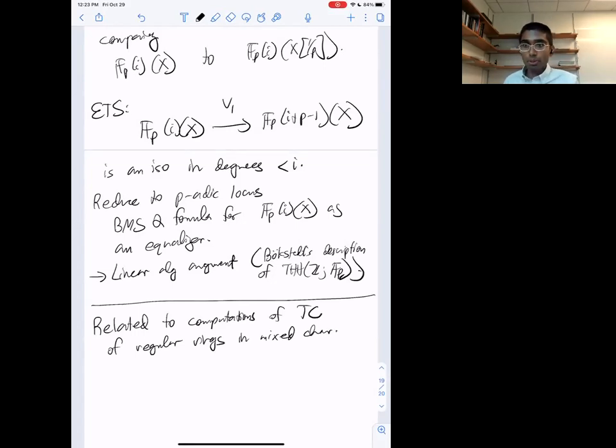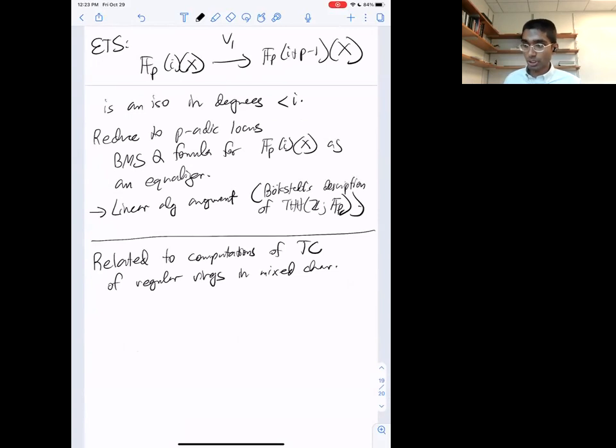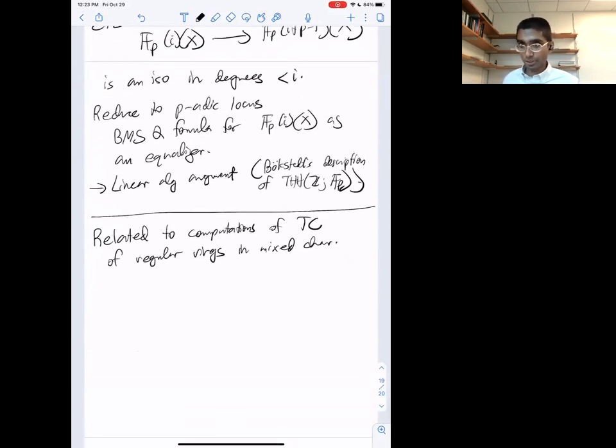We're not quite computing TC, but we're computing the associated graded pieces of the BMS2 Mathew filtration. But there's a rich literature of computing TC of regular rings in this context. So there's work by Hesselholt and Madsen.